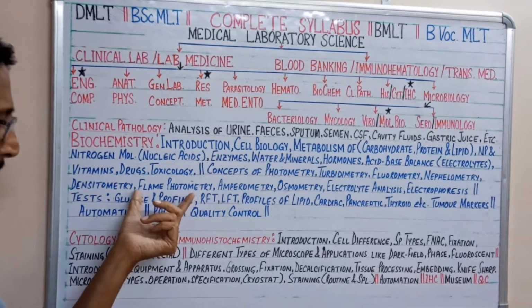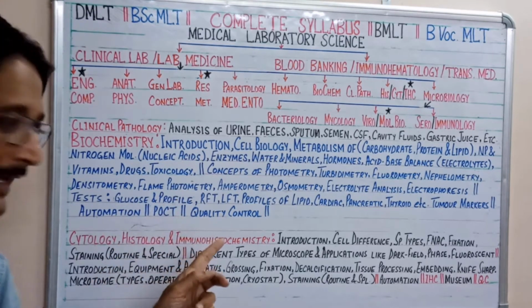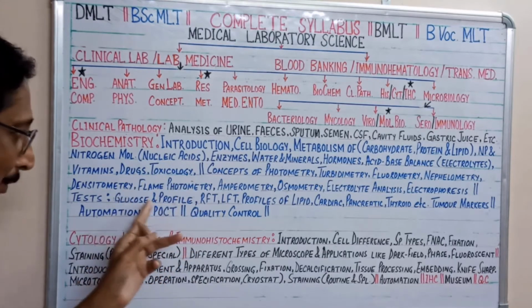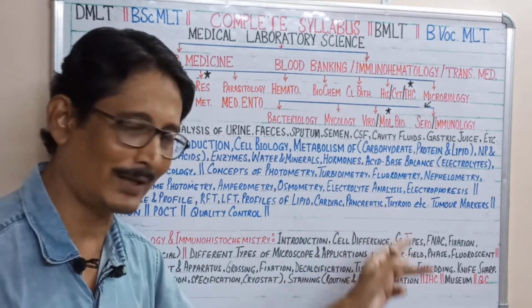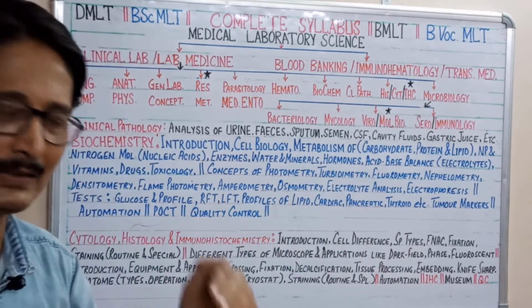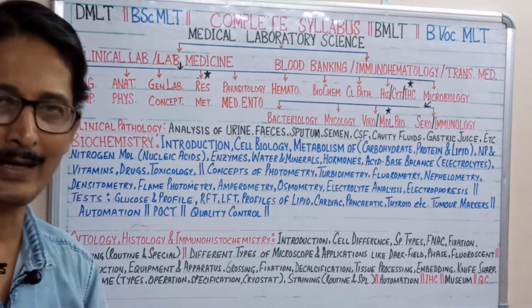In flame photometry, this also includes the photometric measurement of a flame. Nowadays flame photometry is quite obsolete and is replaced by electrolyte analysis, which uses electrodes for the opposite ions.